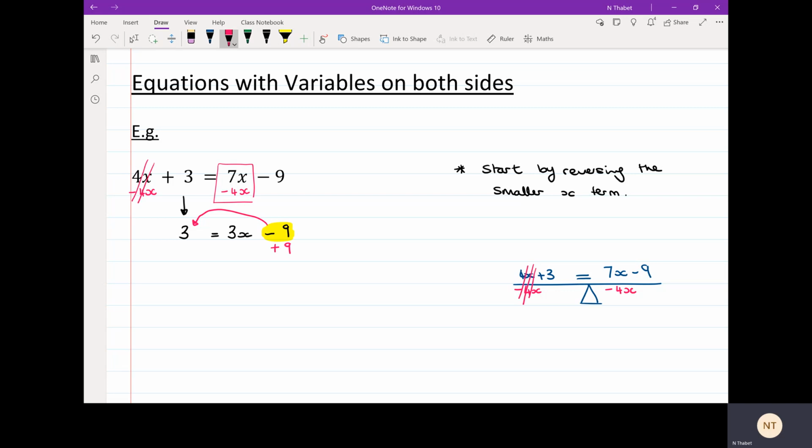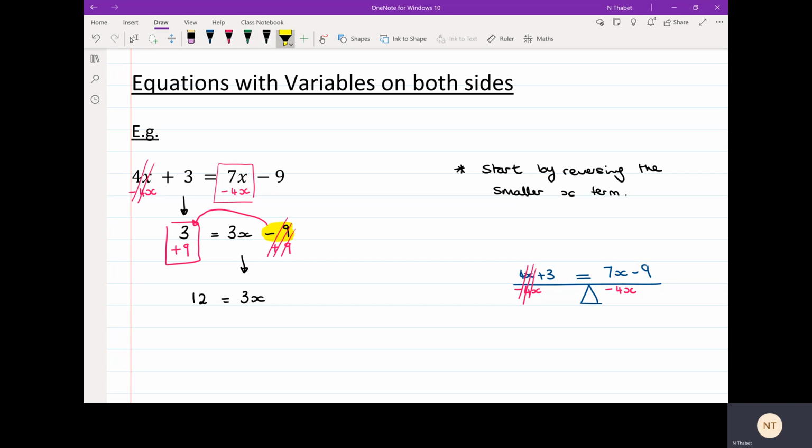That's how I make it to 0, and I add 9 to the other side, and I like to cross it out to make sure I know that it doesn't exist there anymore. So on this side, I've got the 3x, and I now need to do the actual calculation. 3 add 9 is 12. And now I've got it to this very simple form.